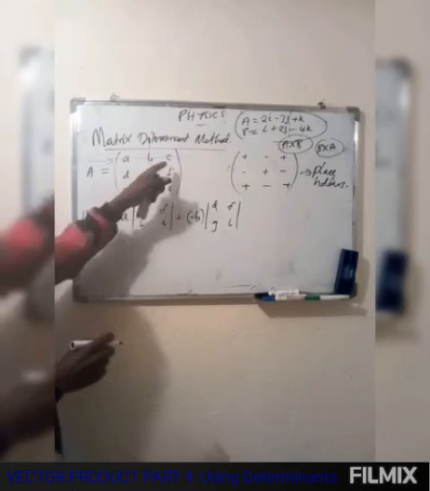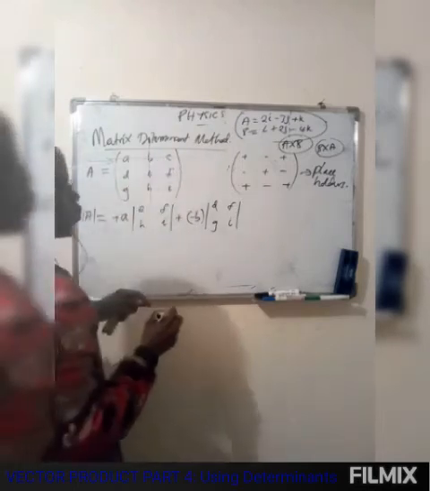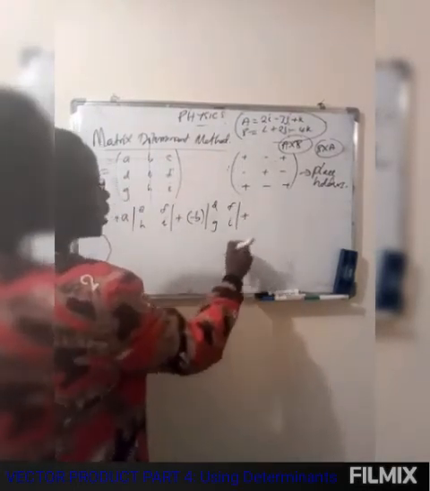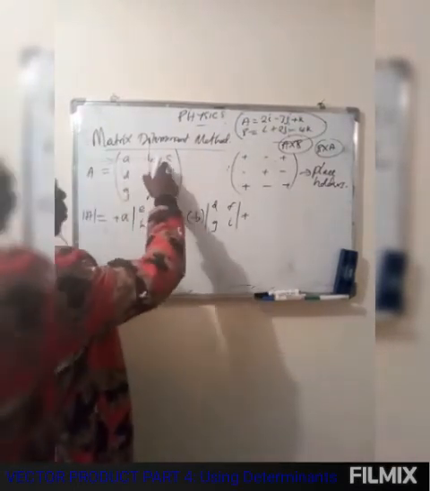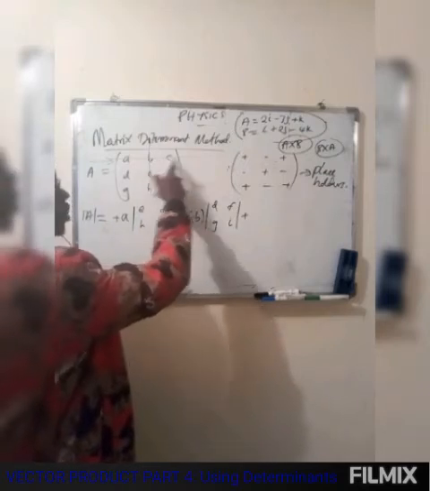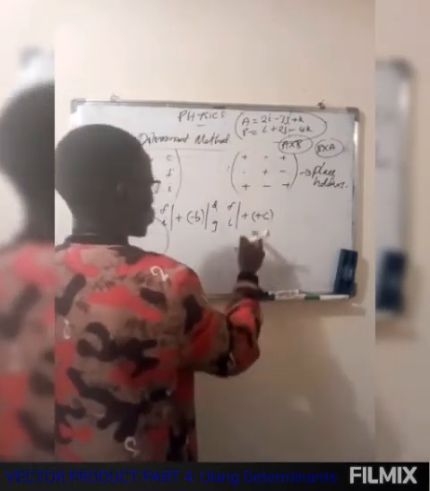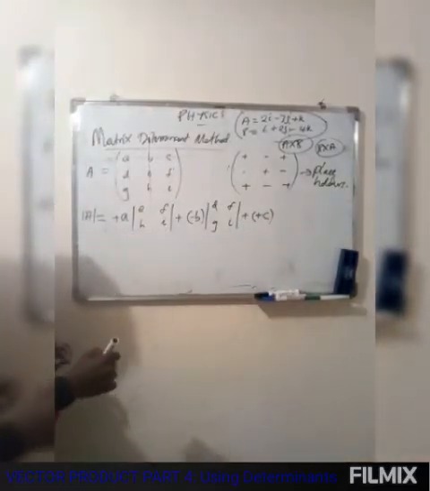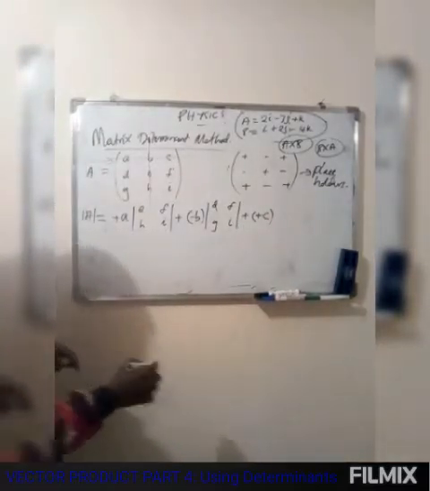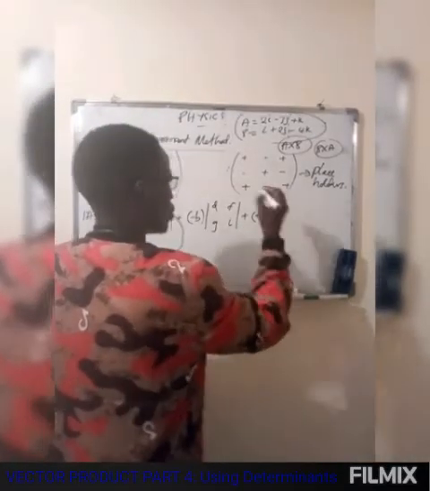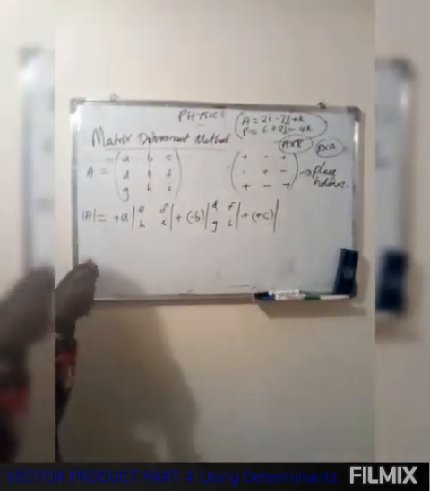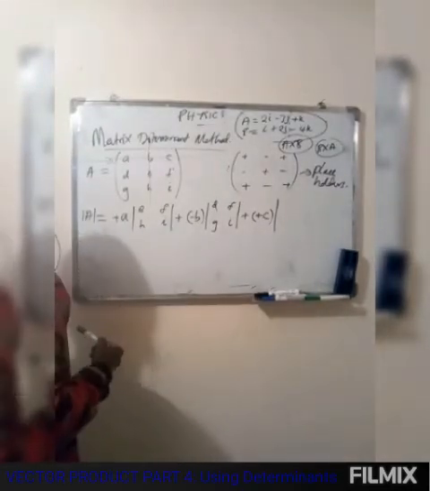And then I move on to C. It's a plus, and the placeholder corresponding with C is positive, so I say plus, positive C. I have deliberately put the positive there. Again, I'm going to cancel out the row and column in which C is located.